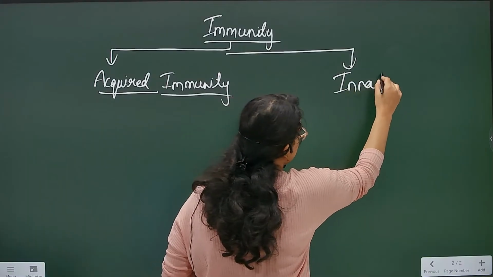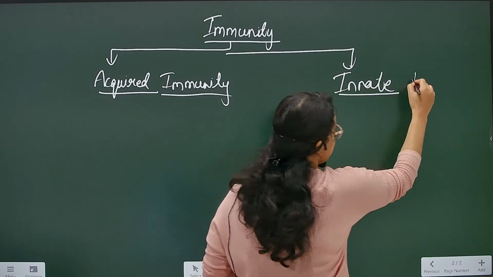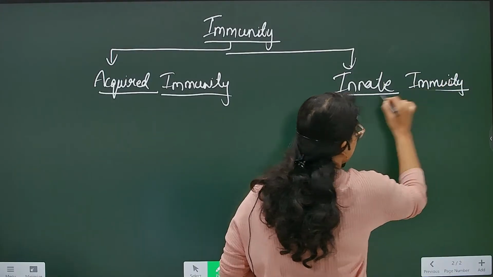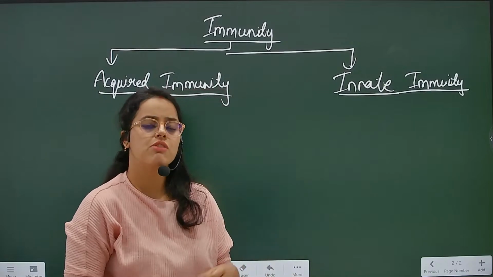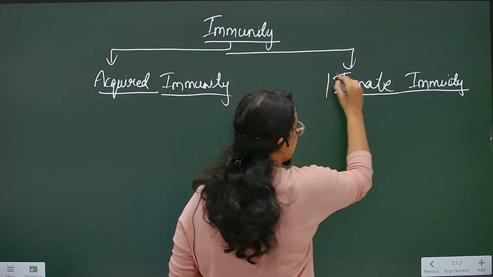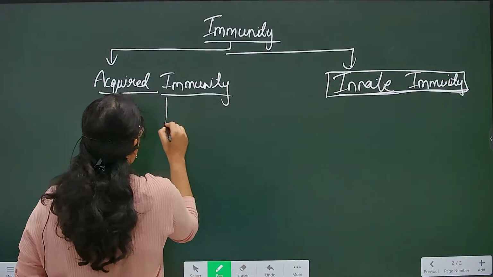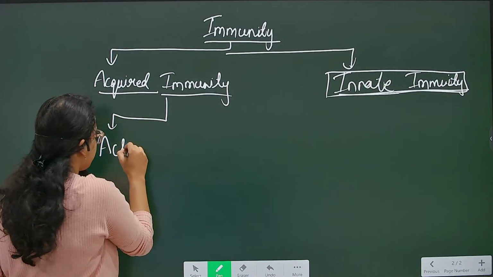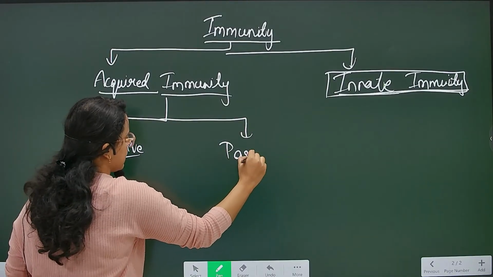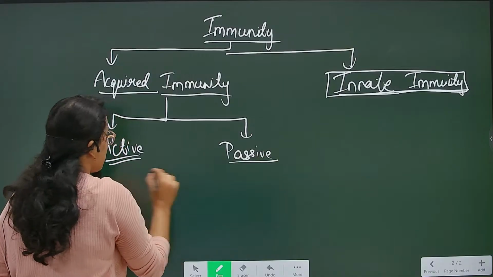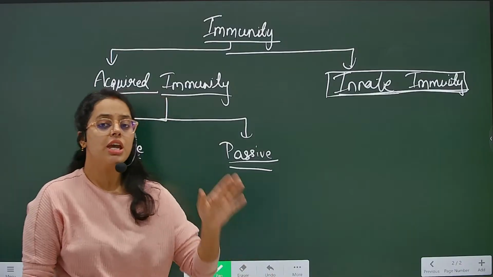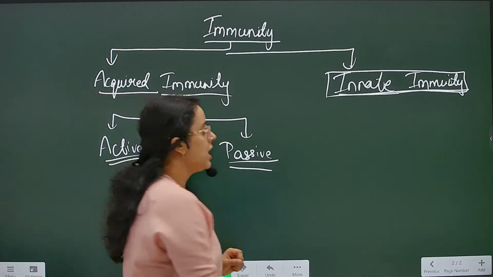Innate immunity is the immunity which is present from birth, which is protecting from various kinds of infection or foreign substances. Acquired immunity can be active or passive. About active and passive acquired immunity we are going to learn in our next session. In this session we are going to focus on innate immunity.